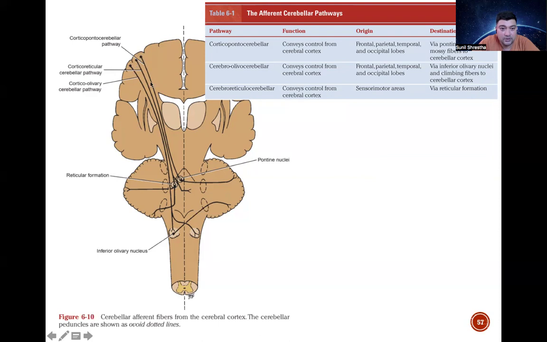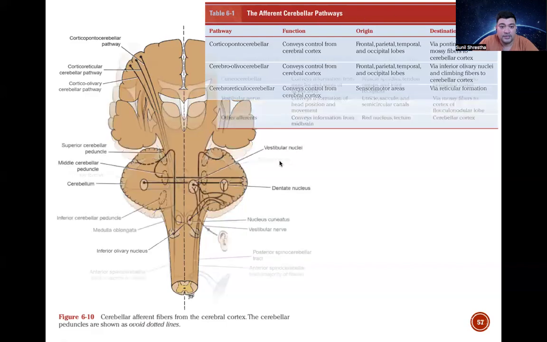It might come from the olivary nucleus and reach the cerebellum. Again, from the cerebrum, it might use the reticular formation pathway and reach the cerebellum. There are different pathways present in the cerebellum, and they control different things. You can easily remember the pathways from this chart as well.